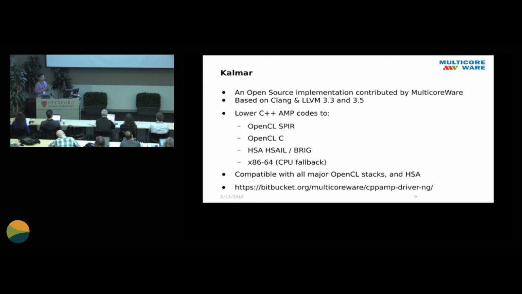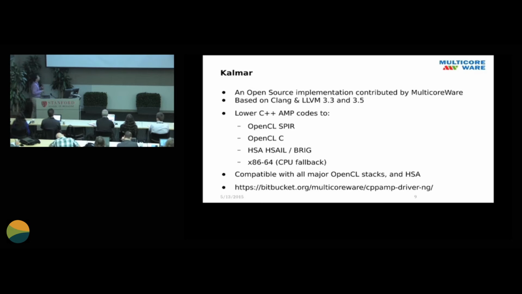Originally, we started from LLVM 3.1, but when things matured, we settled on 3.3, and that's what the main repository is using right now. We already have a 3.5 port, and we are hoping to upstream our work back to the community pretty soon, so it will always keep up with the latest version of Clang and LLVM.